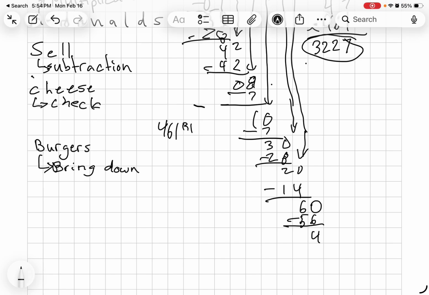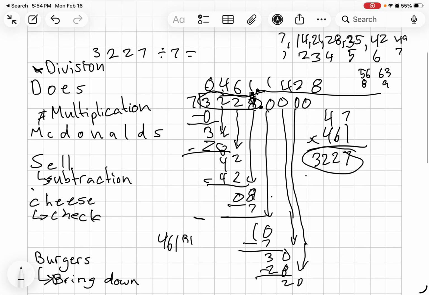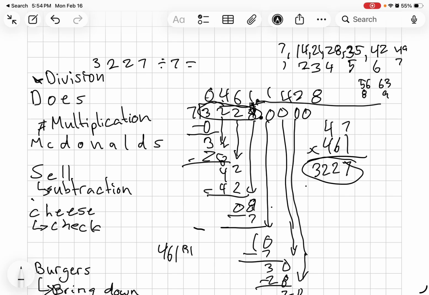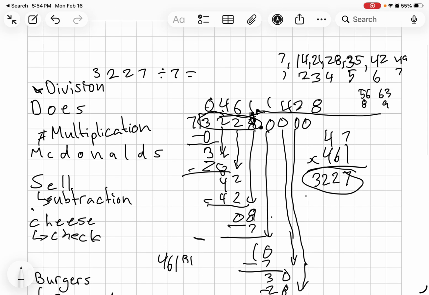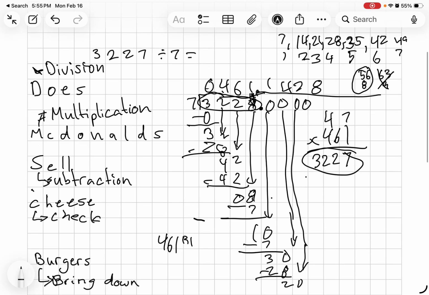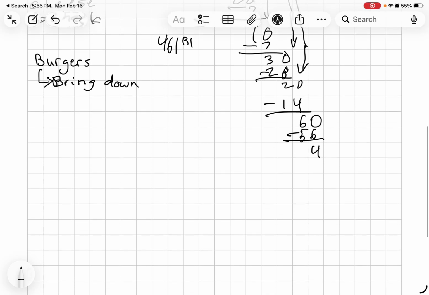Well, we can't get exactly 60, so we cannot get the one more than it. We have to get the one that's less, at least. So then we have 4.